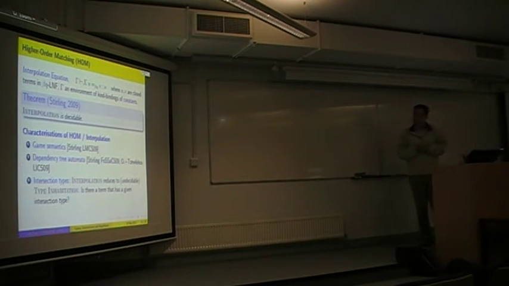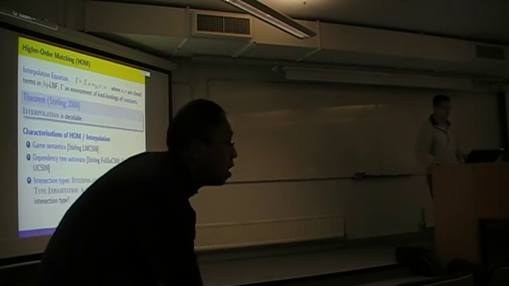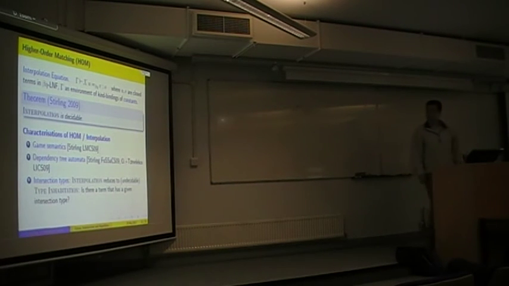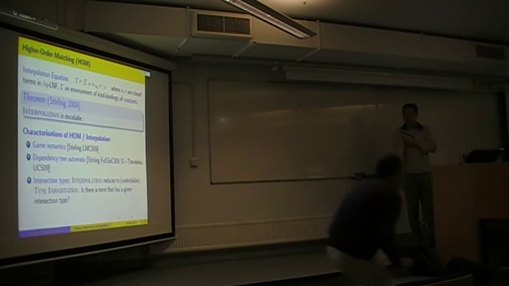The second one is in terms of a new kind of tree automata called dependency tree automata. Dependency here refers to the binding links between those. And it turns out that there is a third characterization of the interpolation problem, and it is in terms of intersection types. Precisely, the decision problem interpolation reduces to the decision problem type inhabitation, which asks, given an intersection type, is there a term that has that type?